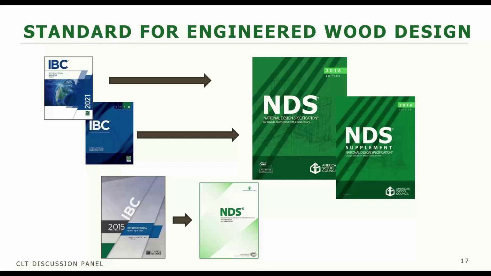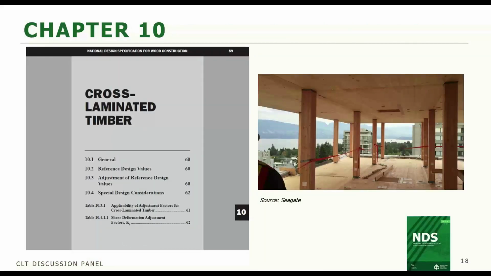In terms of IBC recognition, the 2018 NDS is referenced in both the 2018 and 2021 IBCs. And as I mentioned, we have our own product chapter, Chapter 10. It looks like many of the other product chapters that you've used in the NDS before. There shouldn't be anything in here that's out of the ordinary.